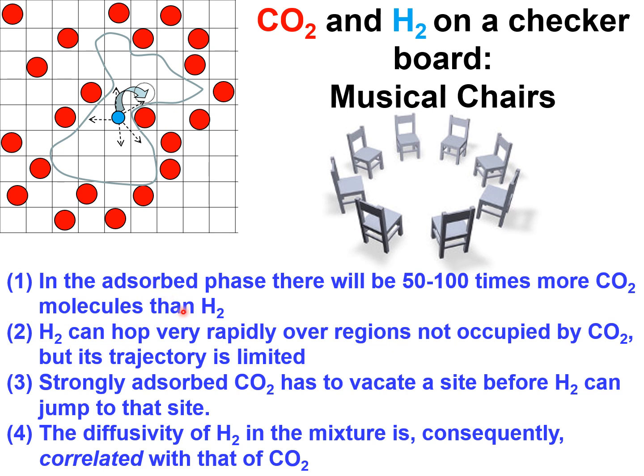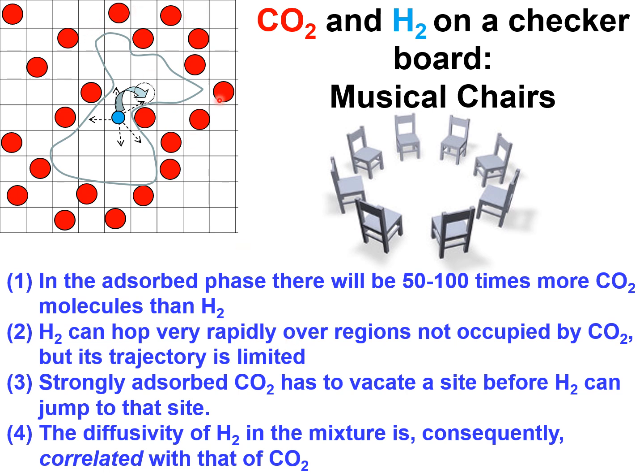Here I use the analogy with a checkerboard to explain the slowing down effects that hydrogen experiences in mixtures with CO2 within the intersecting channels of MFI zeolite. Here's the checkerboard where each of these squares represents an adsorption site within MFI zeolite.